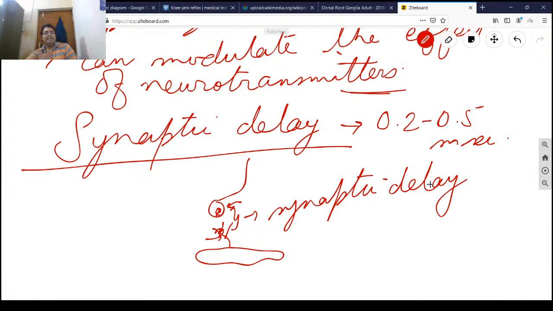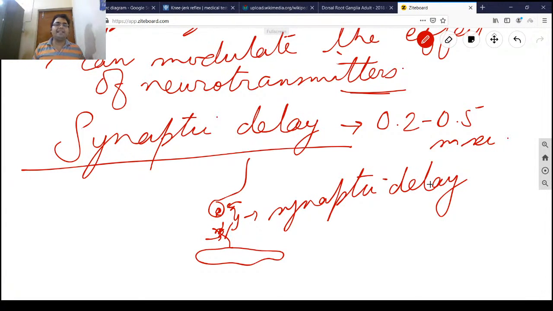Synaptic delay is not caused generally by neurotransmitter release and binding. You will be thinking that takes a lot of time. No, because the synaptic cleft is very small, 20 nanometers only, and the diffusion rate is very high.